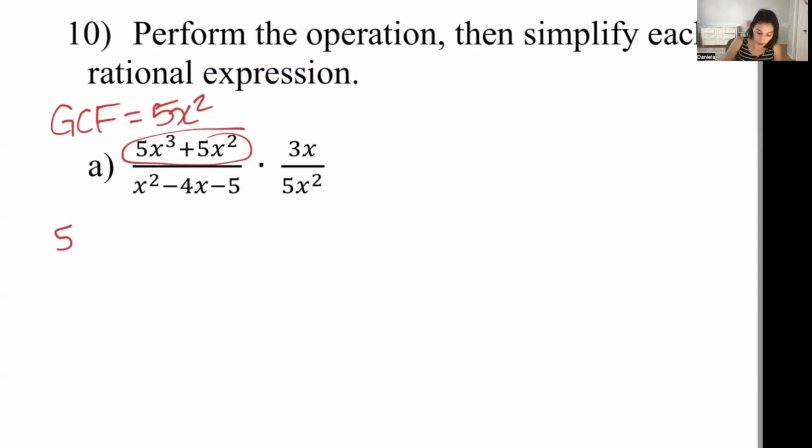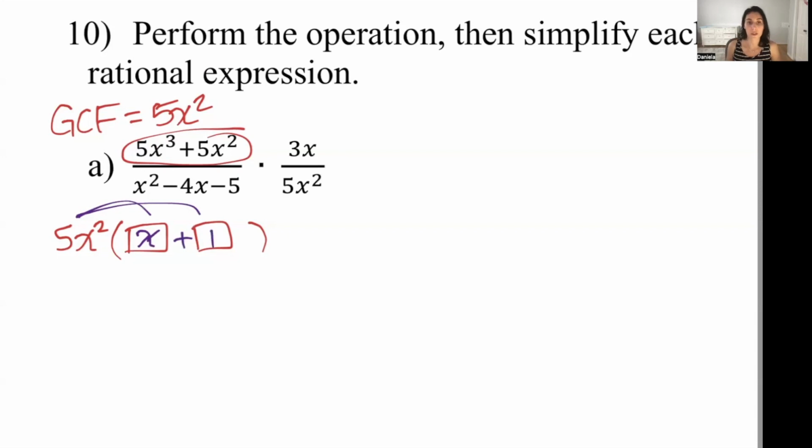So we're going to take out the GCF. There's going to be two boxes because there's two terms. Reverse distribute, so 5x squared times x would give us 5x to the third. 5x squared times a positive 1 would give us back 5x squared. We are done. We can't factor that anymore. This binomial is not factorable.